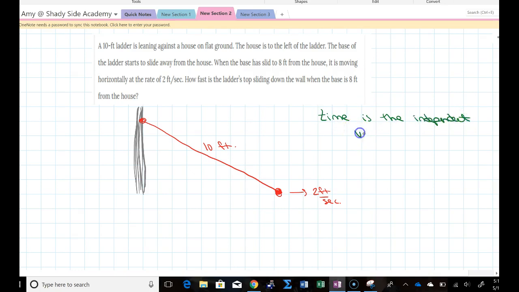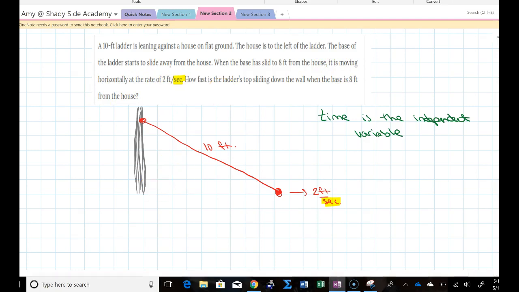And I could have gotten that without me even saying anything. I could have gotten that by looking at the fact that there is something changing as a function of time, 2 feet per second. The independent variable here is time. When the base has slid to 8 feet from the house, it is moving horizontally at the rate of 2 feet per second. I want you to think about this.